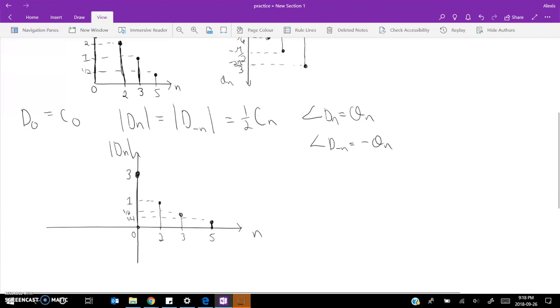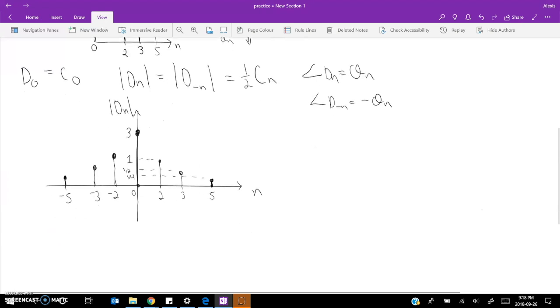But now we know that this is replicated as well on the negative n axis. So we would simply obtain the following. And this would be our graph for dn.